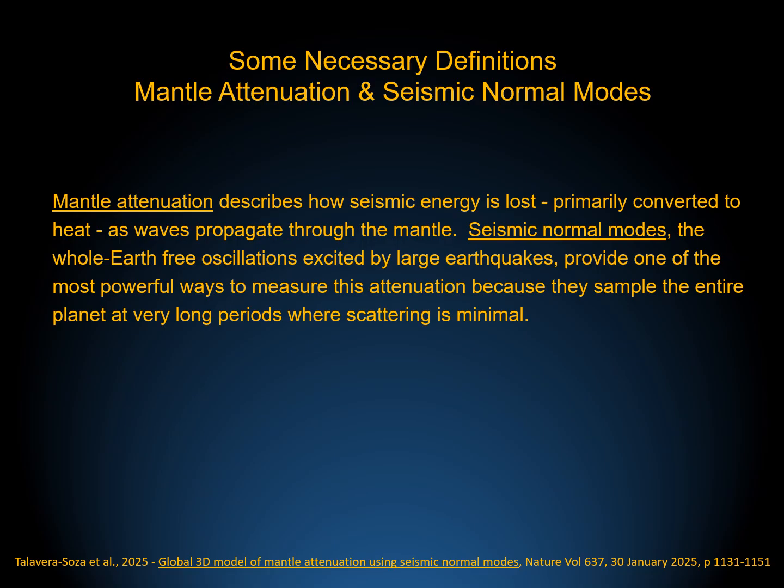Seismic normal modes, the whole Earth free oscillations excited by larger earthquakes, provide one of the most powerful ways to measure this attenuation because they sample the entire planet at very long periods where scattering is minimal. How mantle attenuation is related to temperature and viscosity are presented in the following table.